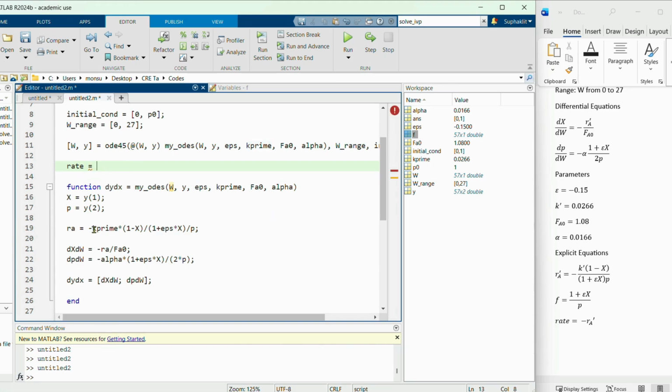The same way, without the negative sign, but we're going to replace the X and p with y1 and y2. And the reason why I'm writing y1 and y2 like this is to calculate using the entire column.